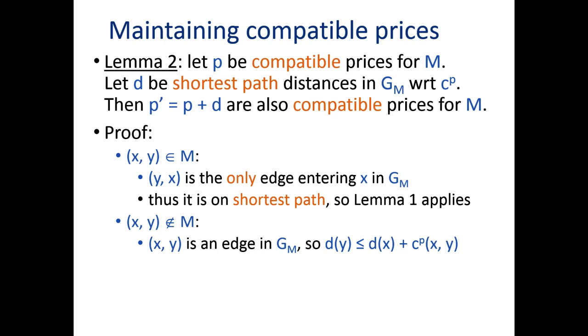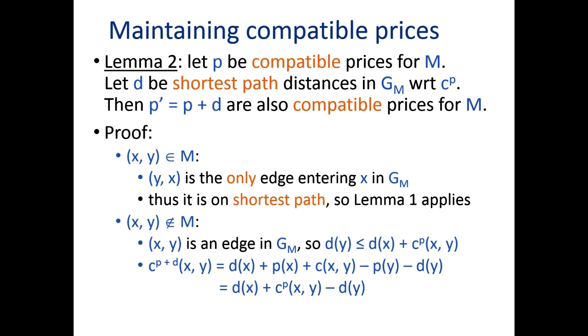We can always get to Y by going to X first and then using that edge, so we have this inequality. Now again we write down c_(p+d)(XY), which is what we want to show to be non-negative. This is the price of X under p plus d, plus the cost, minus the price of Y under p plus d.